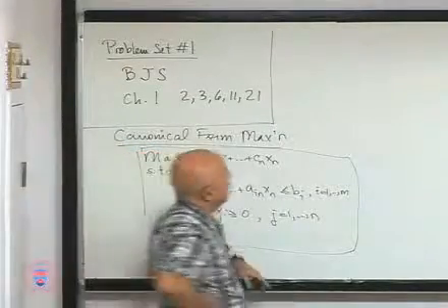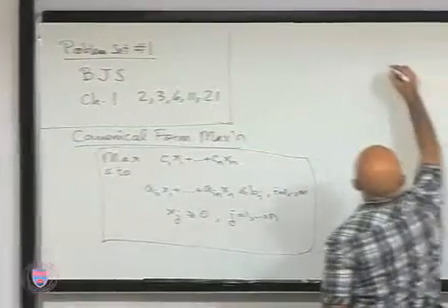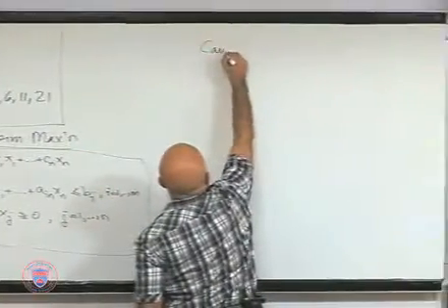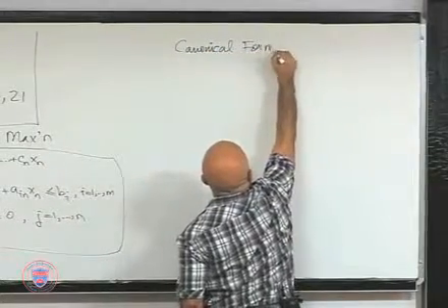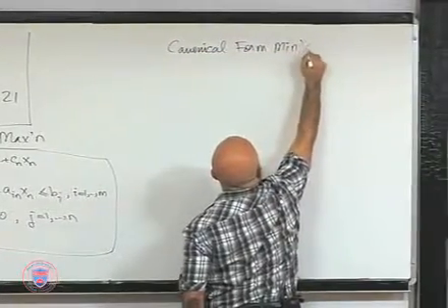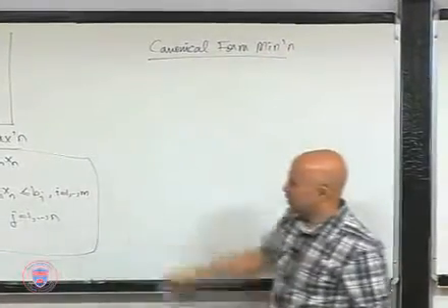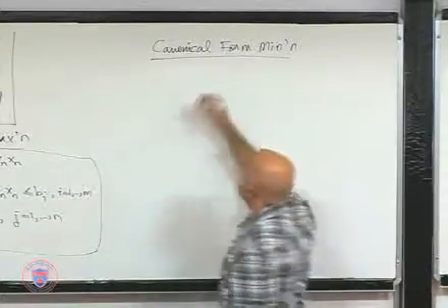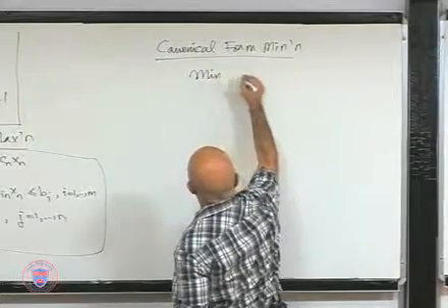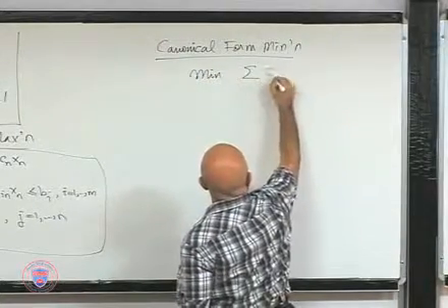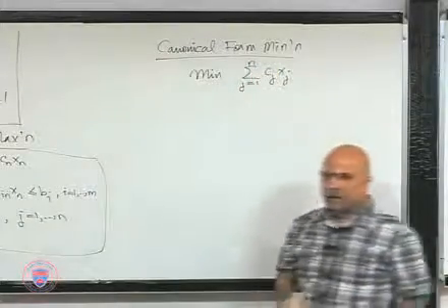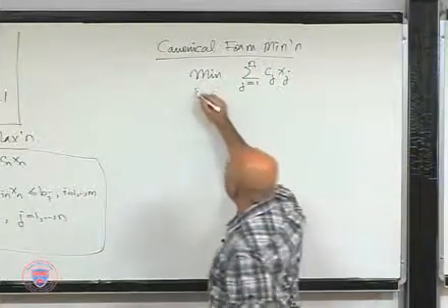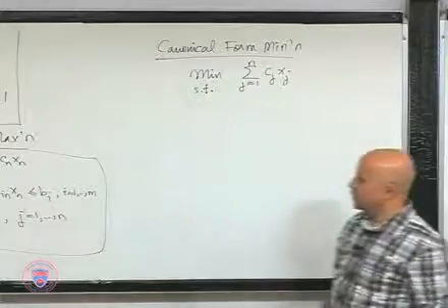Now, using the same information, the same type of data, we also have the canonical form minimization problem, which is just about similar to this, except that the objective function is now a minimization rather than a maximization, subject to the constraints.